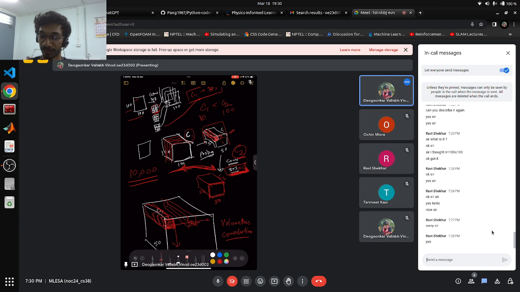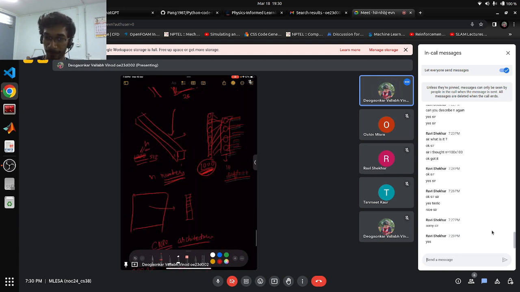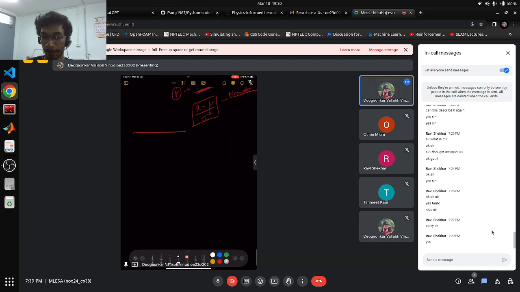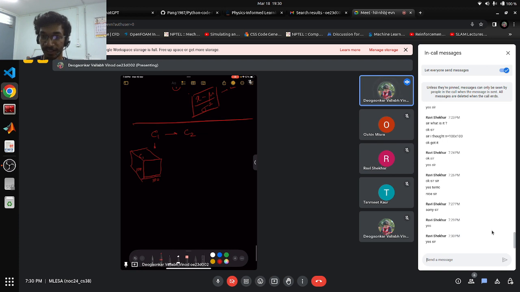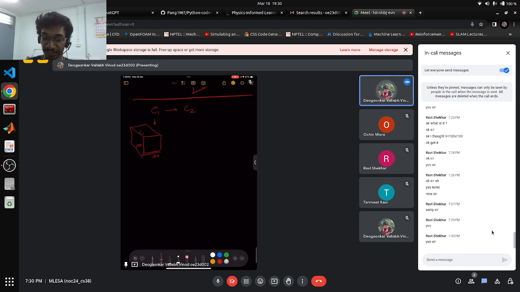So I have 100 cross 100 cross C1, such 30 of them. Is that making sense? I'm talking about after the first convolution, I'm going to the next convolution. Whatever was my output after that first convolution, which was 100 cross 100 cross C1, I had 30 such things corresponding to each of the input images.